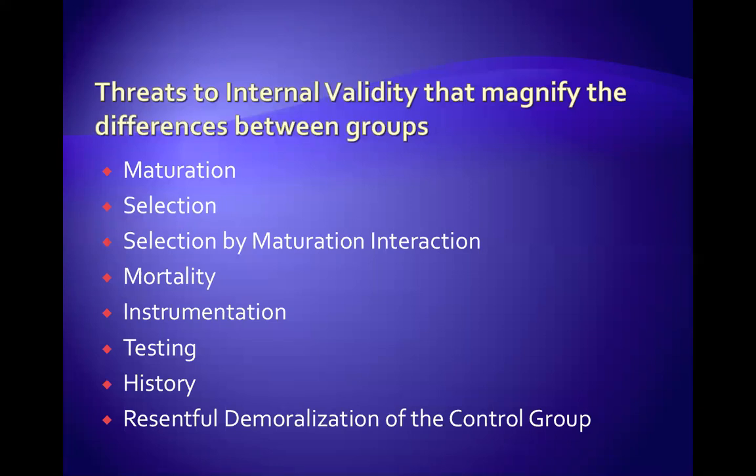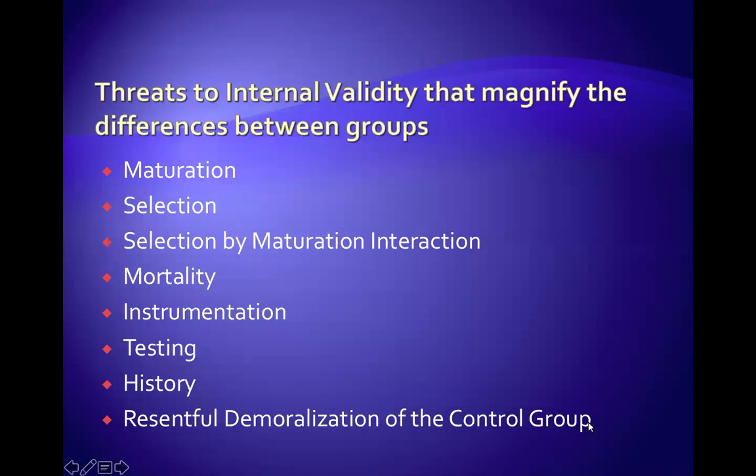So this is going to be threats to internal validity that magnify the differences between groups. For example, mortality, if people drop out of a study; instrumentation, if the instrument that you're using to measure the variable might be flawed; resentful demoralization of the control group.